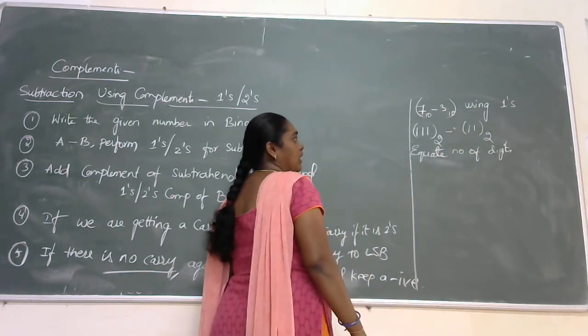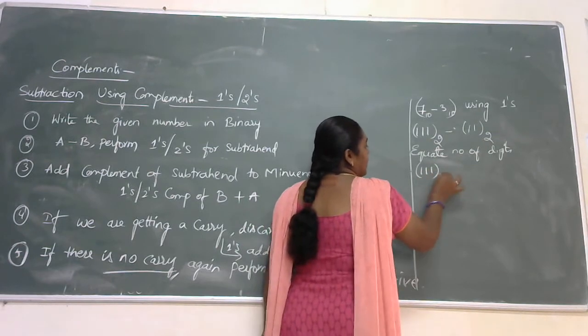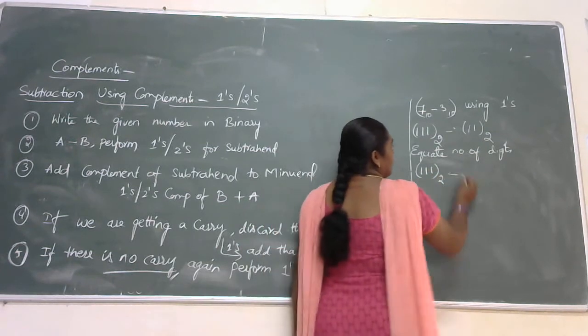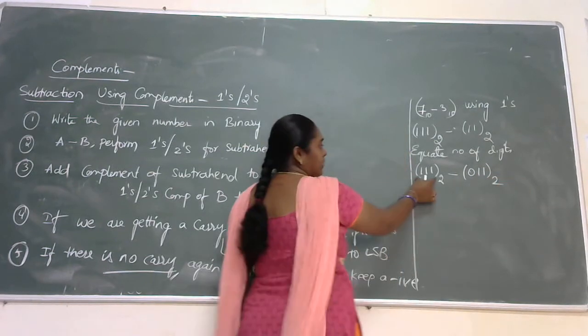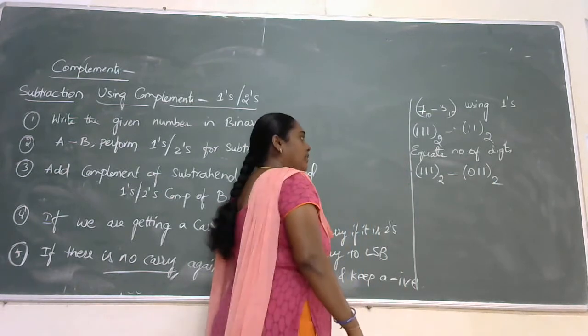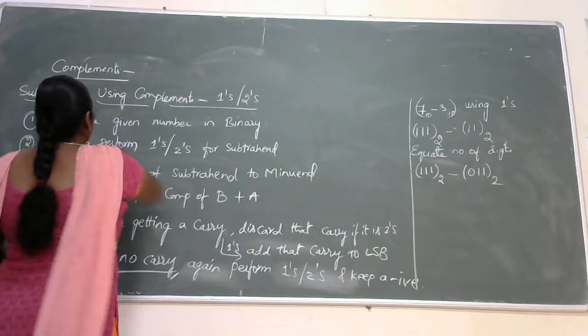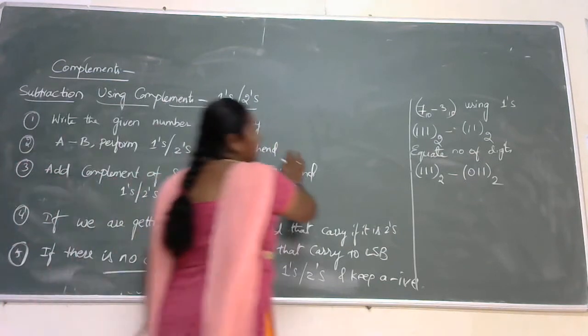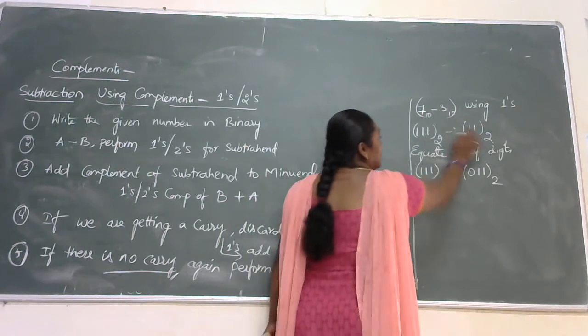So I can write 111 base 2 minus 011 base 2. So here the first number is having 3 digits, the second number is also having 3 digits. So this is all about step 1, that is write the given number in the binary form. I have converted 7 into a binary as well as 3 into a binary.